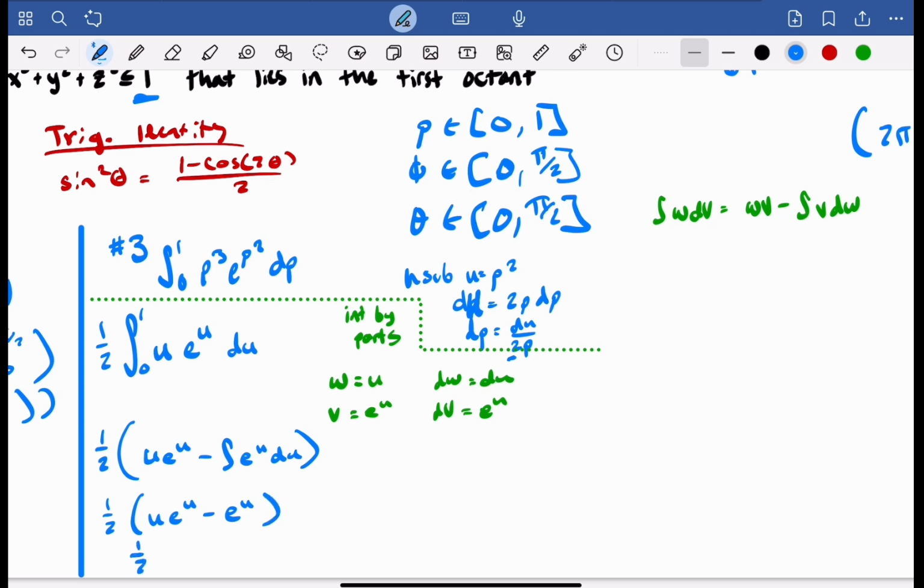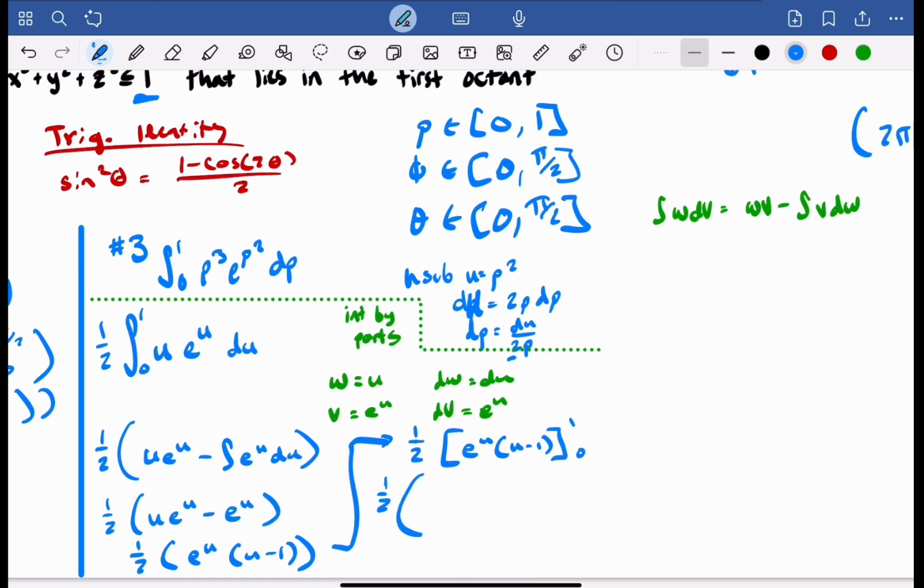Now from this, we can pull out an e to the u, which would give us u minus 1. Bringing that up, we can have our half out here, but we can solve e to the u times u minus 1 from 1 to 0.